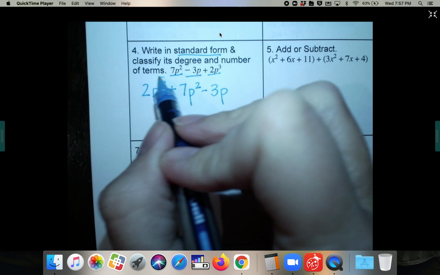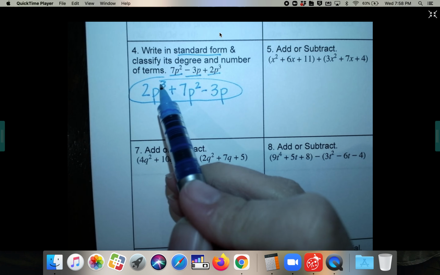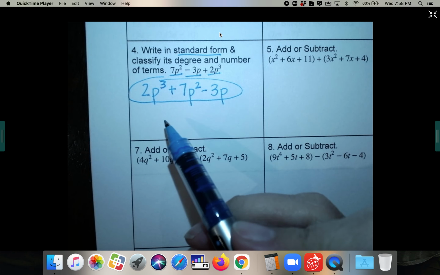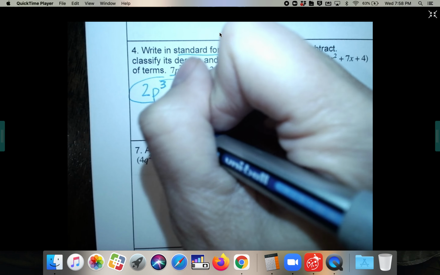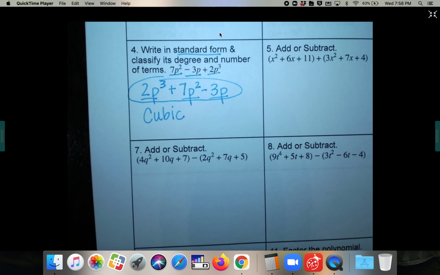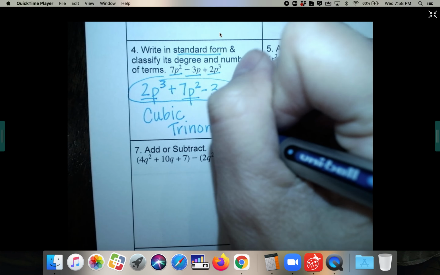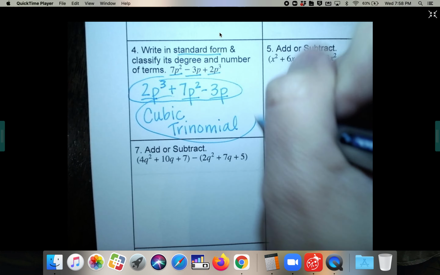So this is the first part of the answer. And then the second part of the answer is classifying it. The 3 on the exponent of this first term makes this a cubic. And because there are 3 different terms, this makes it a trinomial. So this would be a cubic trinomial.